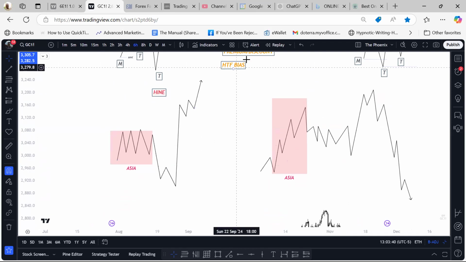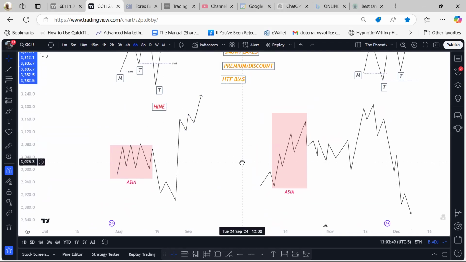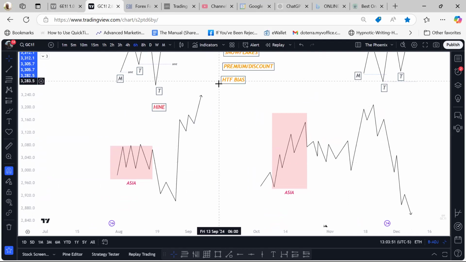We want to have our higher time frame bias in mind. We don't necessarily always need that, because the SMT will tell you where price is going. But if you want to have some narrative other than just this, then it's a higher time frame bias, right? So in this example, Asia consolidates as usual.